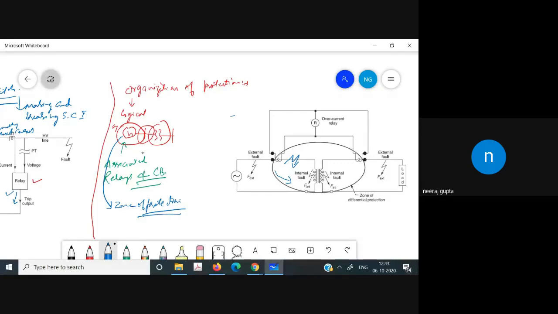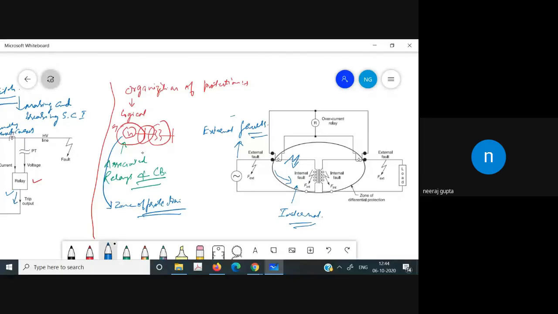The faults which are inside the zone are known as the internal faults. And the faults which are outside the zone are known as the external faults. This is the protection system for the transformer that we have discussed here.